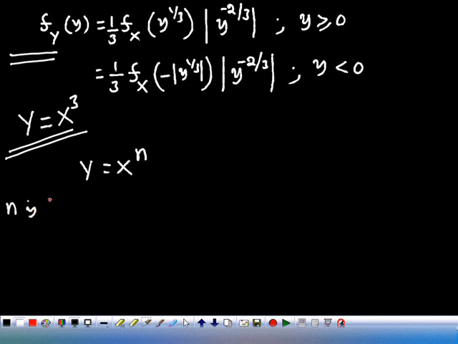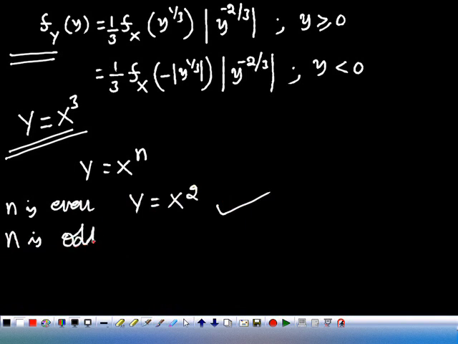When n is even, we consider y equivalent to x square. We already did it. And when n is odd, y is equivalent to, for example, x cube. And even means it may be x power 4 also, x power 6, similarly x power 5, 7, and so on.